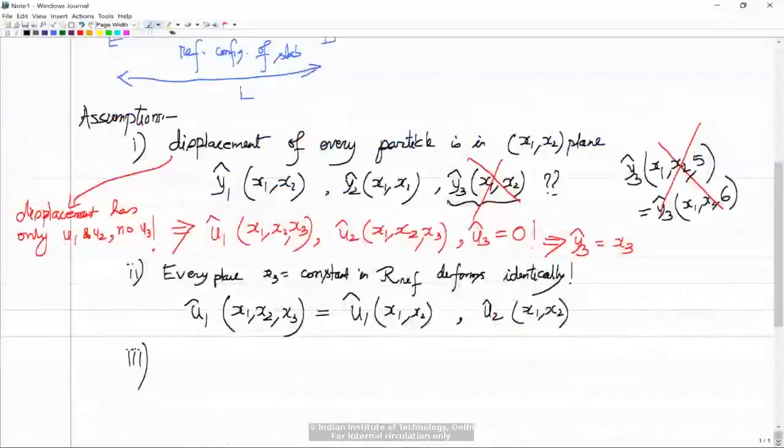Okay, then the third assumption is a bit difficult, but some of you can, of course, figure it out.